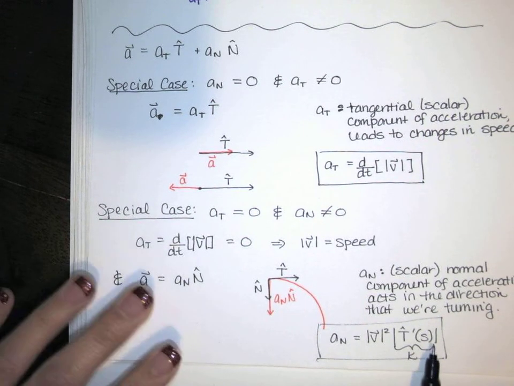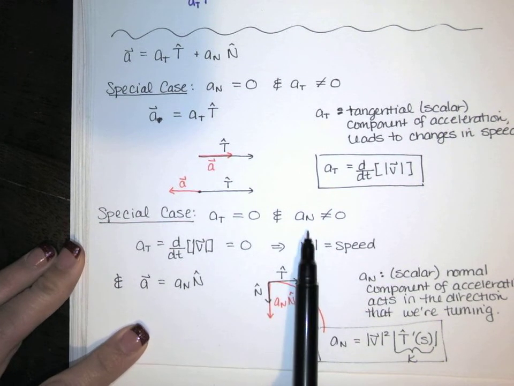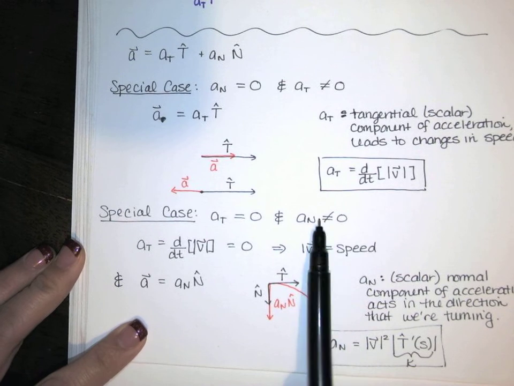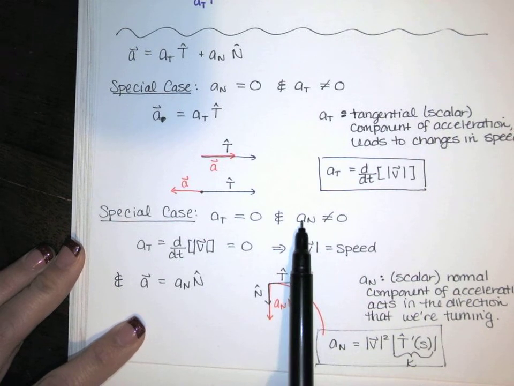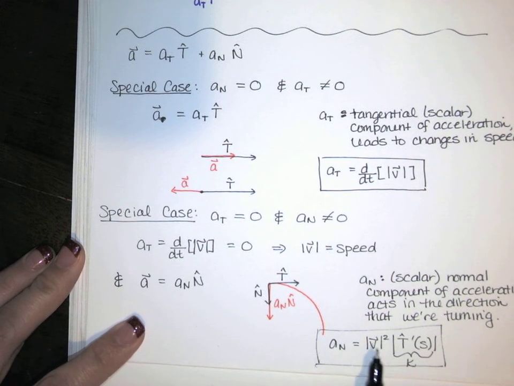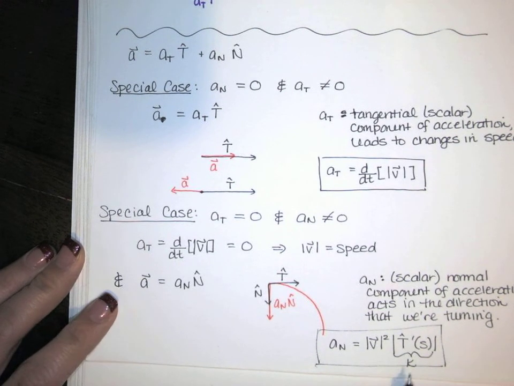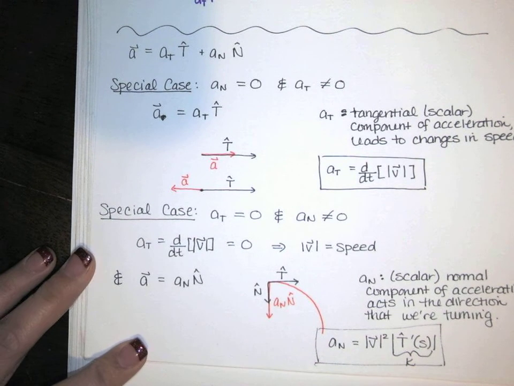And again, it makes sense that if the normal component of acceleration is not equal to 0, then there has to be some curvature. Because if there weren't curvature, then this would be 0, and if this is 0, then we're not turning at all. So a sub n is the curvature times the speed squared.